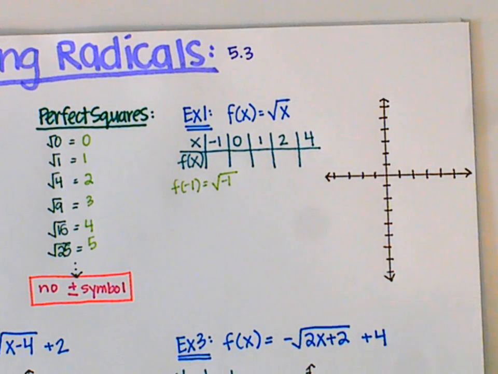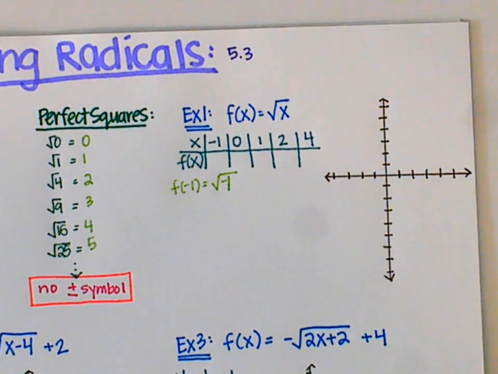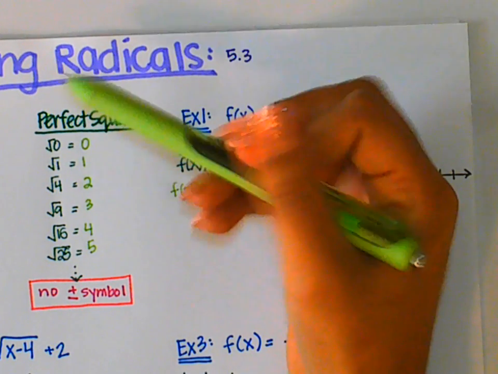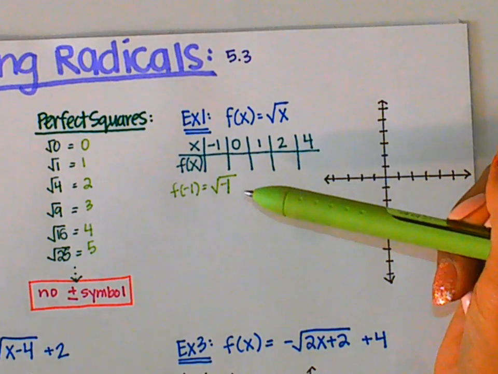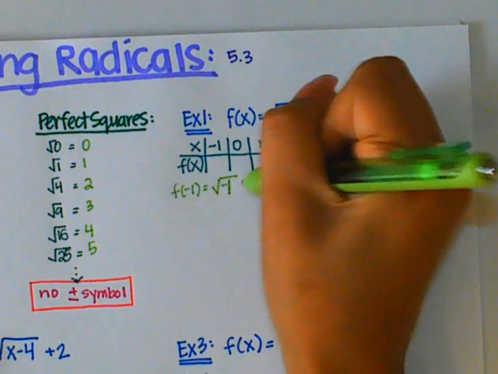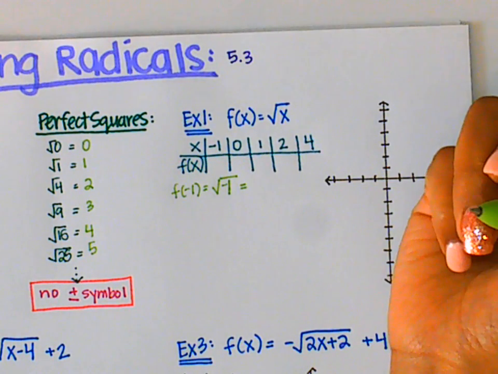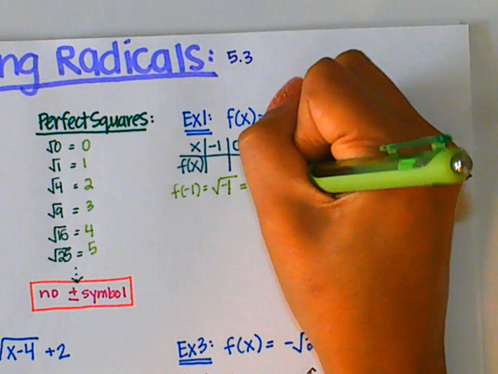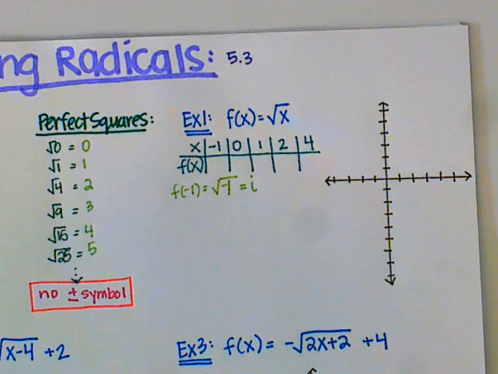Now this looks really familiar. That's not one of my perfect squares. +1 is, but -1 is not. If you guys remember back in, I think it was chapter 2, we determined that the square root of -1 is actually i. And i stands for imaginary numbers.